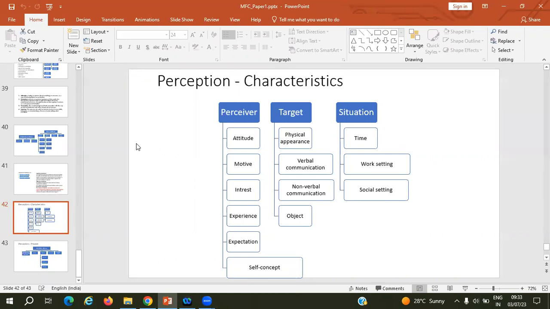Here the targets are different. Different situation, different expression, like communication skill.